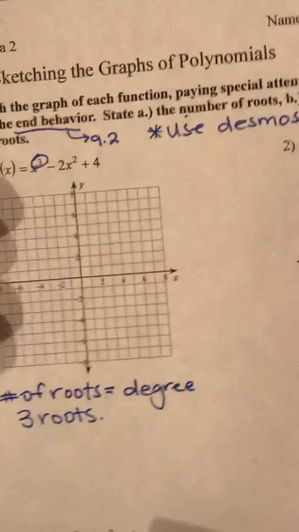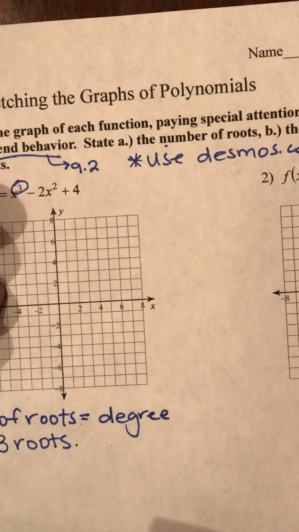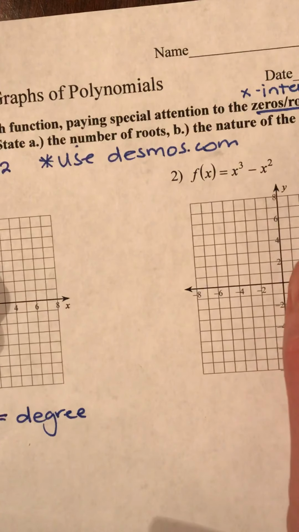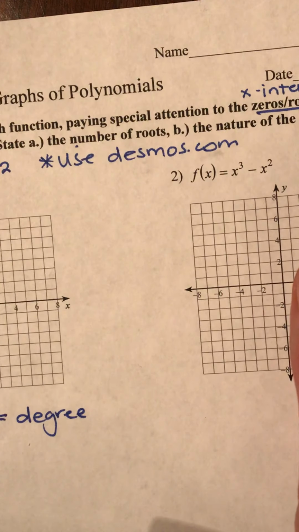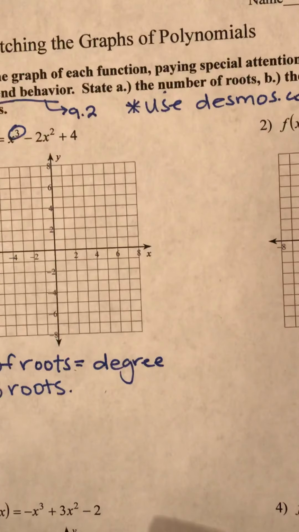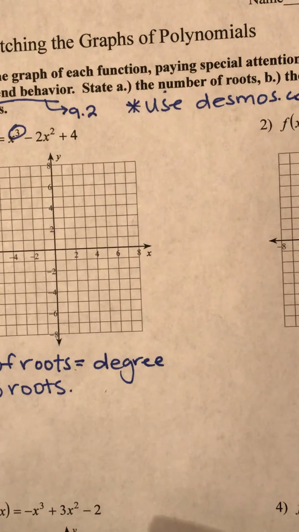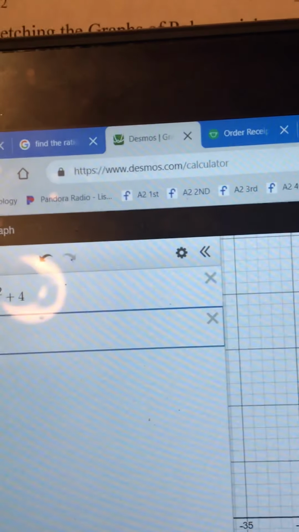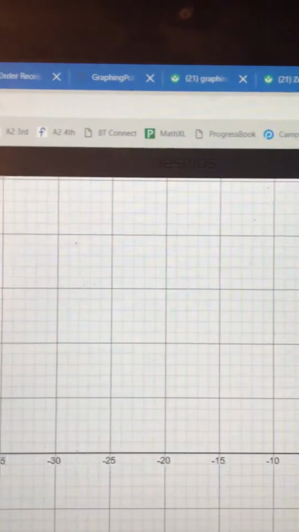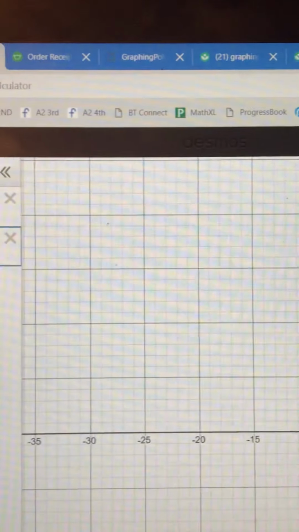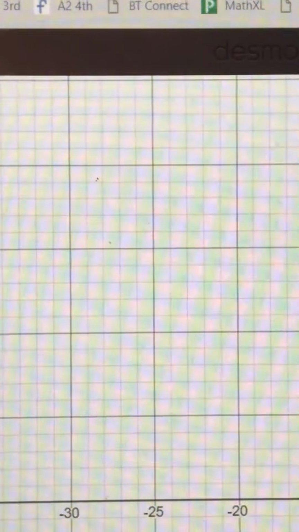Next, the question says the nature of the roots. To determine the nature of the roots, we will need a graph. I already have that graphed for you. You can see here the graph of this function.